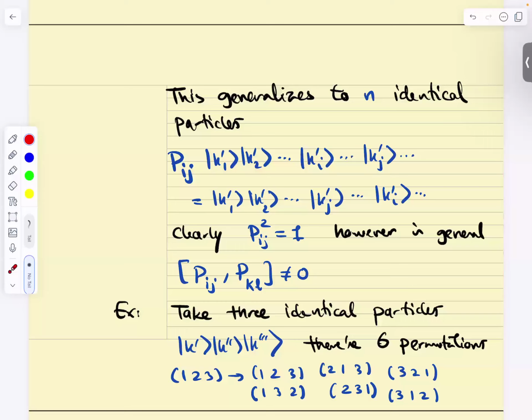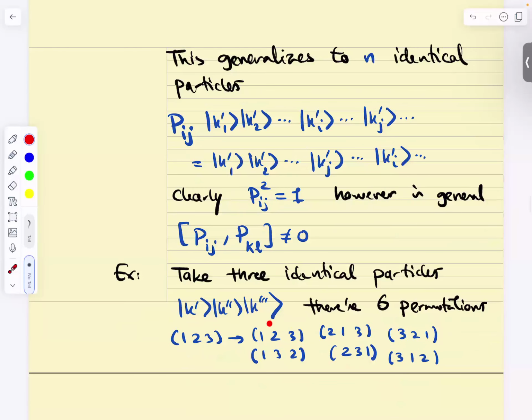Can you see that? Is that clear? Take 1, 2, 3. Swap these two, it becomes 2, 1, 3. Then swap these two, 2, 3, 1. You get this. I have to draw a lot of things, but you could check for yourself and they do not commute. All right? Good.